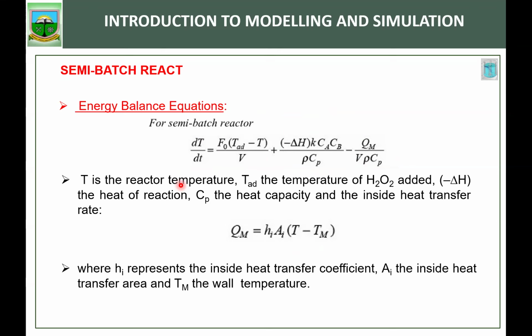If we want to follow from what we've been writing previously, we're going to have d(mH)/dt equals mH input minus mH output plus or minus delta H. Okay.